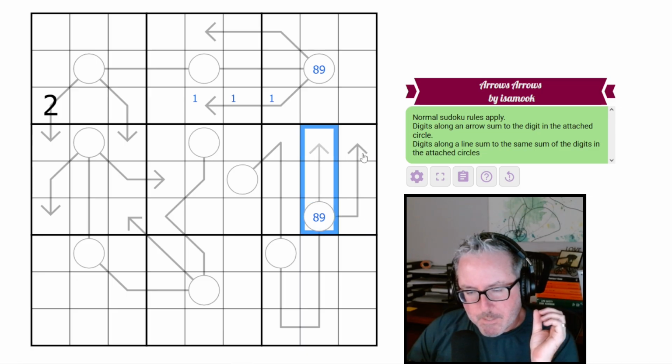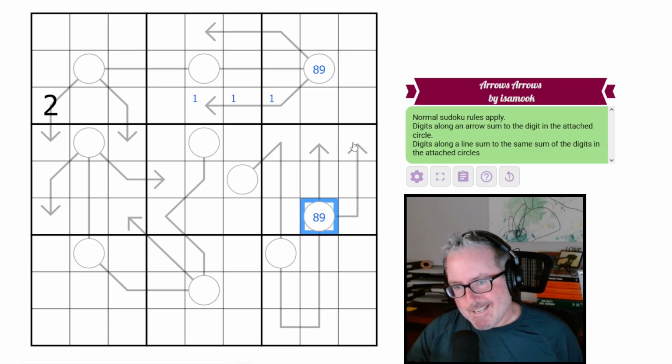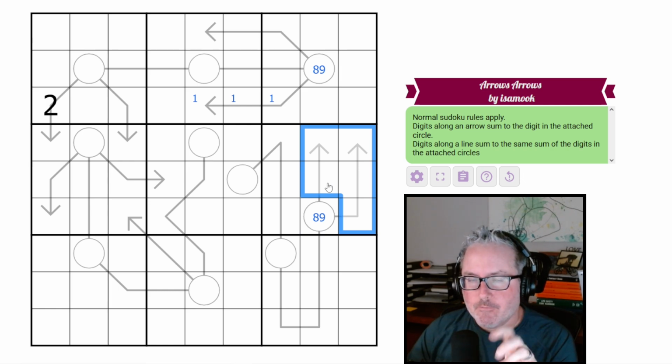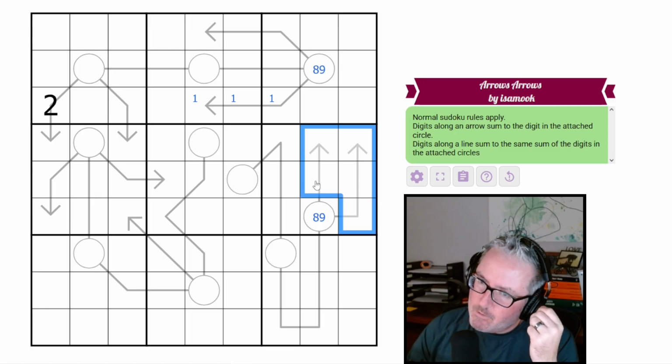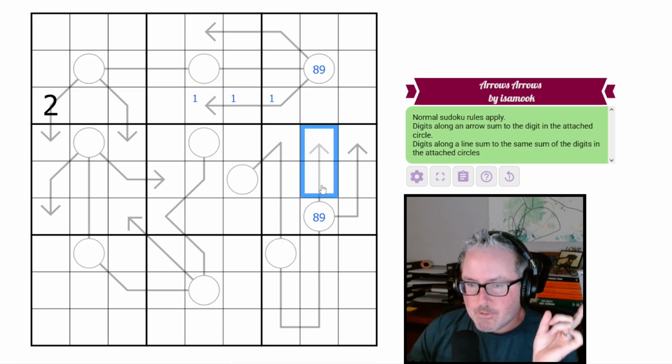Is there any grouping of these that would cause problems? I don't think there is. Let's say these were 8s. These would have to be a grouping of 1, 2, 3, 4, 6. Which means it would be a 1, 3, 4, and a 2, 6.